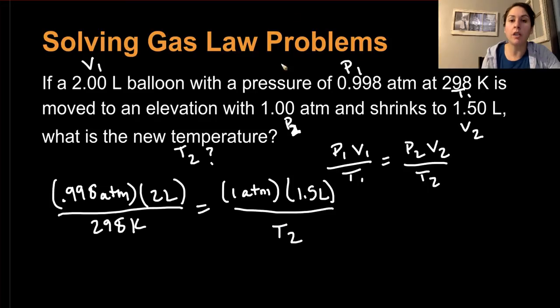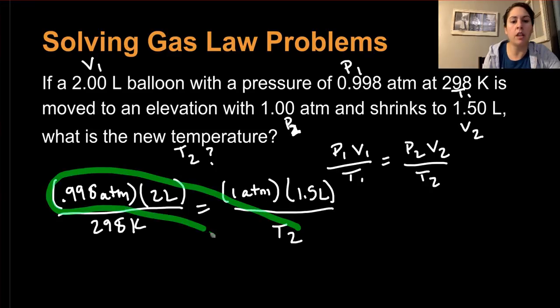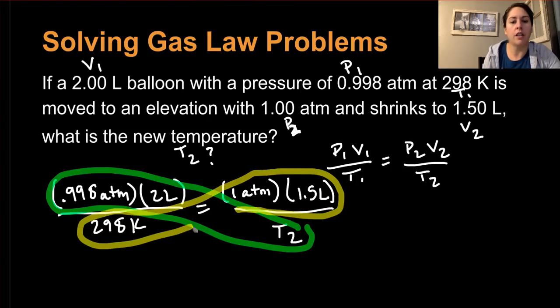You do the same process. So again, we are going to cross multiply. We're going to multiply these 3 things together, and we're also going to multiply these 3 things together, and set those on opposite sides of our equation first.